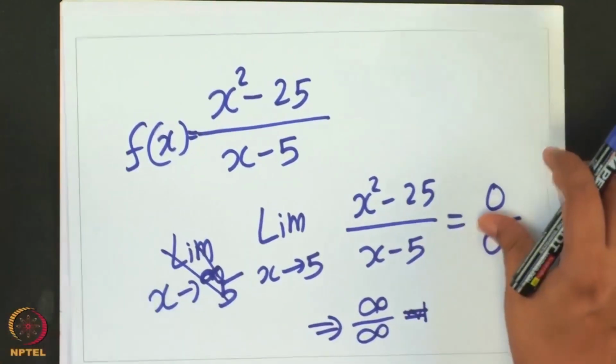Whenever we have such indeterminate quantities, we have to use a rule prescribed by this French mathematician, Guillaume de L'Hopital.